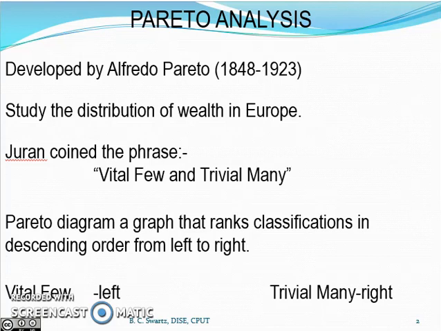The principle on which this analysis is based is from a gentleman by the name of Alfredo Pareto. What this gentleman did in Europe many, many years ago was study the distribution of wealth. And what he found was that 20% of the population in Italy was in possession of 80% of the wealth.